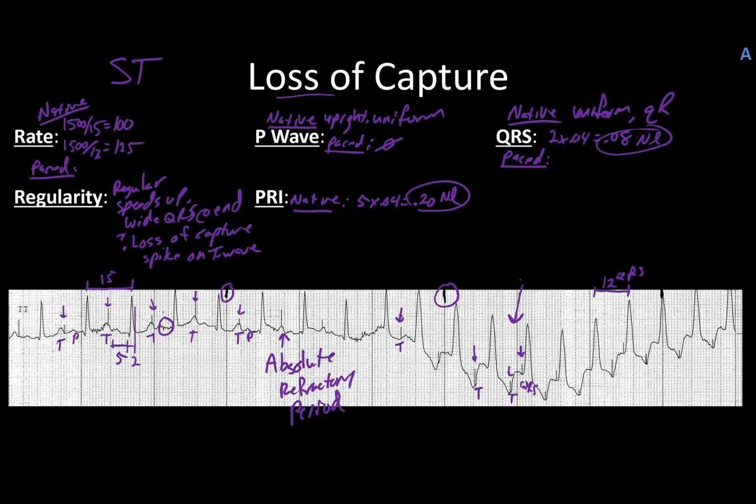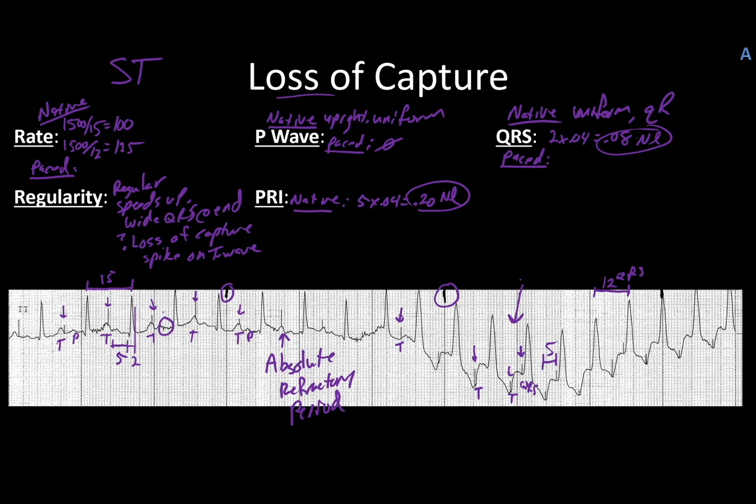In fact, really this pacing doesn't tell me much of anything. What I can do, though, is because we have 2 spikes in a row to measure, if you measure this distance from here to here, you get right at about 5.